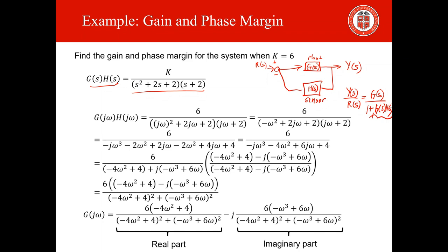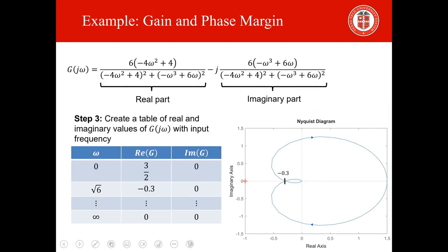Okay, so we look at the real part and the imaginary part for the Nyquist diagram. And again, I'm not going to go through this one for the sake of time, but you can go through this on your own. So if we plot this, it turns out at a frequency of 0, this is our starting point over here, this 3/2, which is 1.5, right?